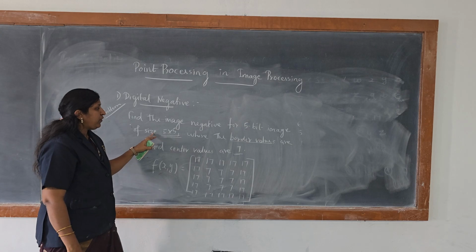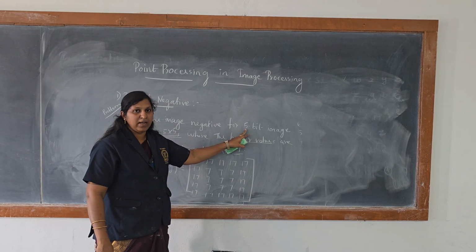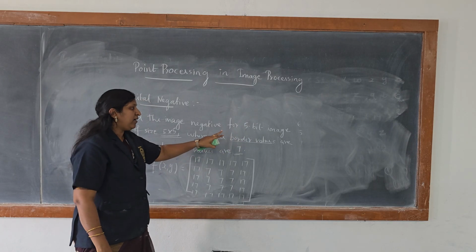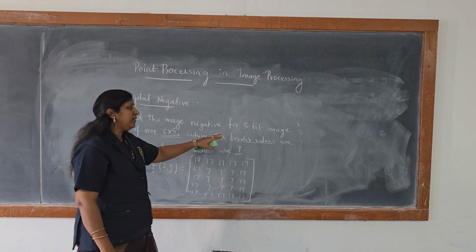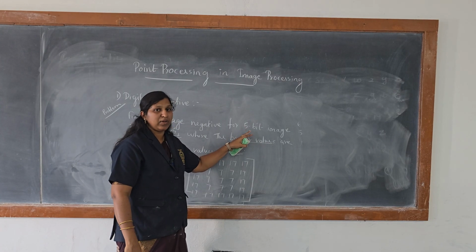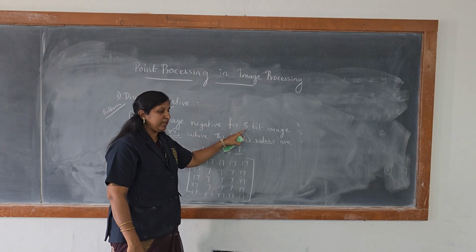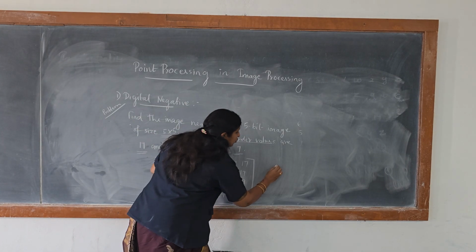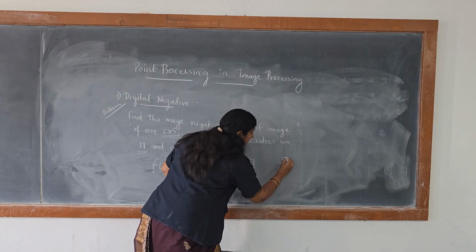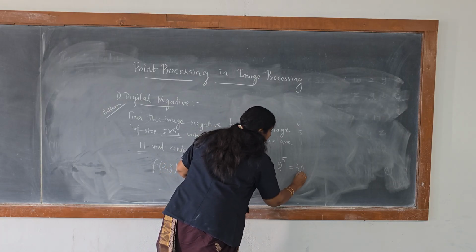Okay, so if you know the size of the image, you can find the L value, right? In the previous session, I told you how to calculate the size of the image and from that we can calculate the L value. Here, the size of the image is directly given in the statement. So, 2 power 5, where 5 is the size of the image, is equal to 32. Okay.